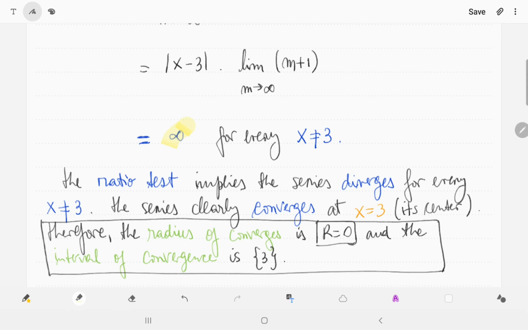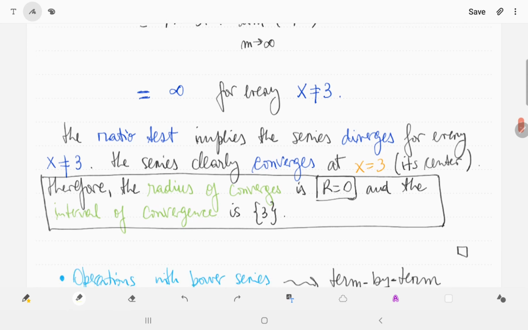So the test says that the series diverges for every point different from 3. So we are in the case where the radius of convergence is 0 and the interval of convergence is only 3, which is the center of the power series.